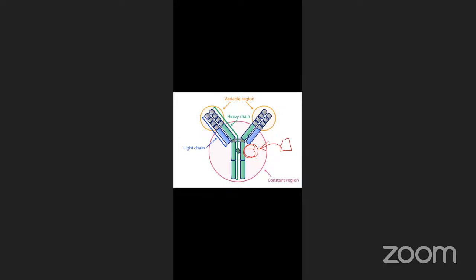Coming to immunoglobulin E, the heavy chain is the epsilon chain, and very low levels of immunoglobulin E are there in our body. It has a significant role in enhancing allergy and acute inflammation.